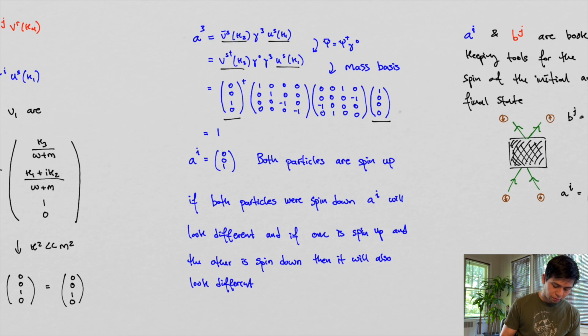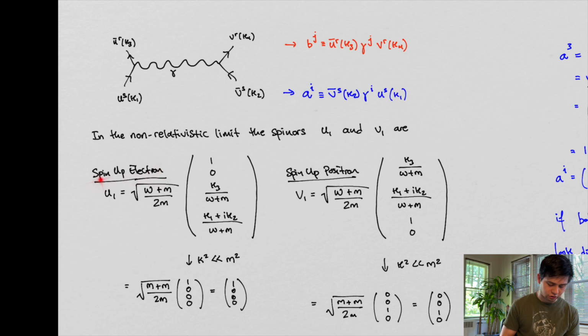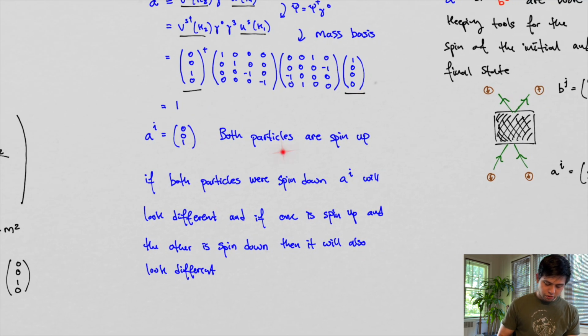So we treated both particles as spin up in this case, right? We said spin up positron and a spin up electron. So both particles are spin up, which gave us this vector. If both particles were spin down, then our AI is going to look different because these two guys are going to be different.